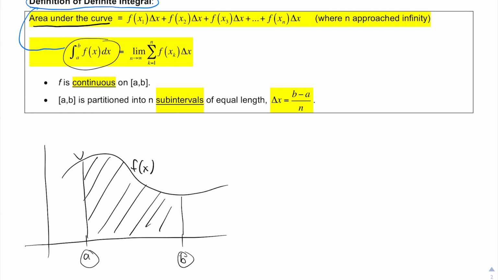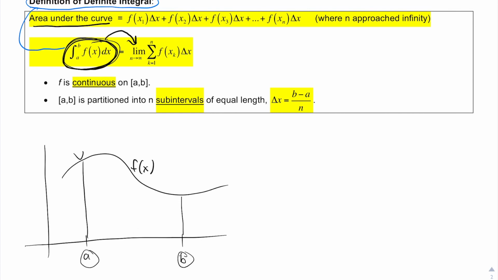And this area under the curve, this definition of the integral, is defined as this whole weird thing. Now, it looks crazy right now, but if we break it down, it'll make much more sense, okay? So that's what I'm here to do at this time. So this f of x is an irregular curve, and it's not very easy to figure out the area under it.